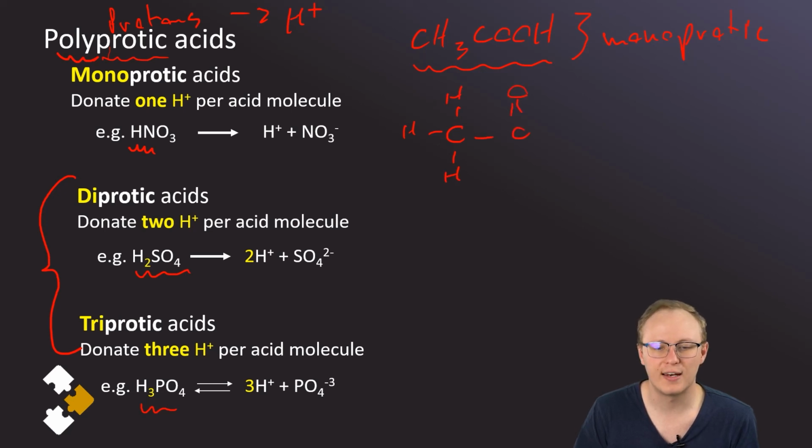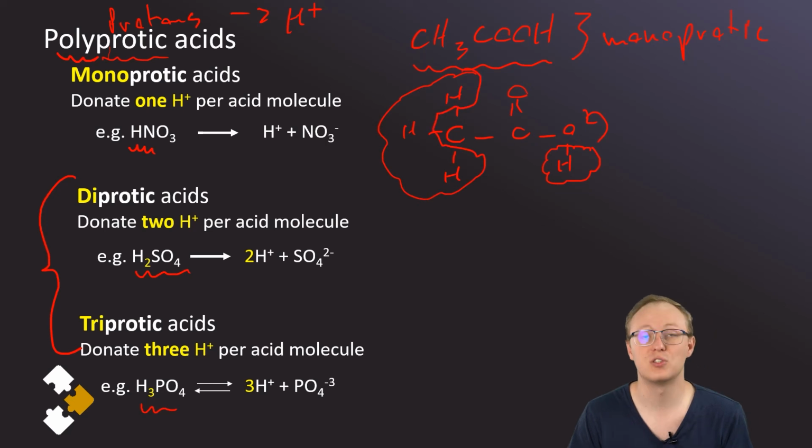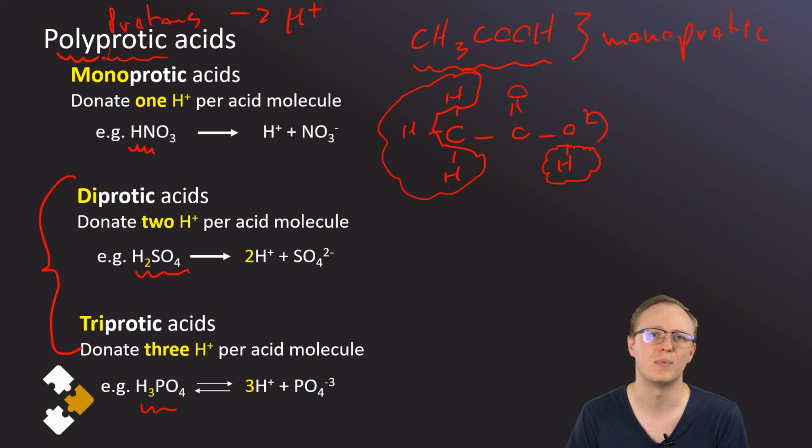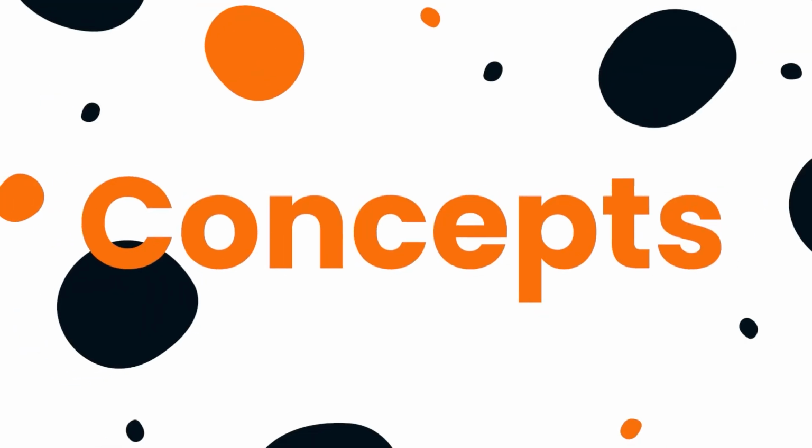So from your organic chemistry, you might know that the shape of this molecule is going to be like this, the structural formula, and it's only this hydrogen that is bonded to the oxygen that can actually be donated under normal circumstances. These H's here that are bonded to the carbon, they are stuck in place. They're not going to come and go due to acid-base reactions. Okay, so those are polyprotic acids.